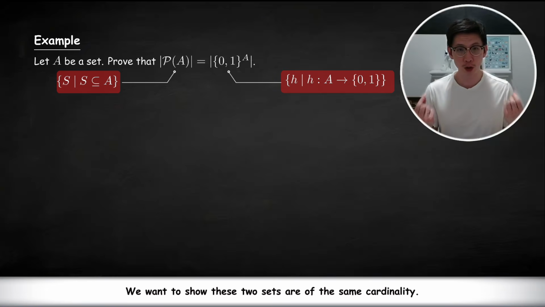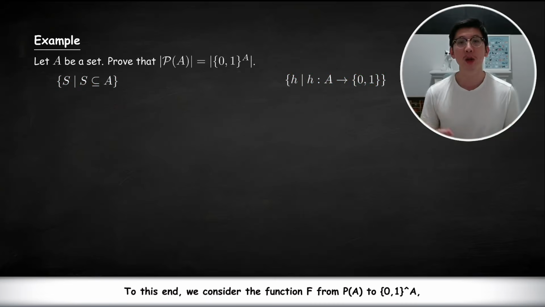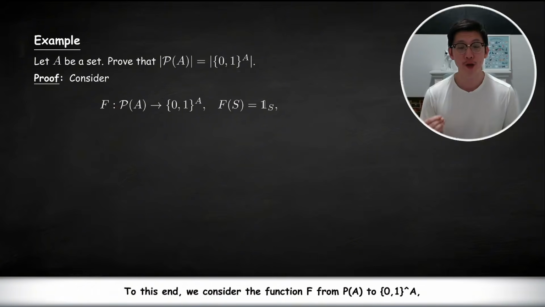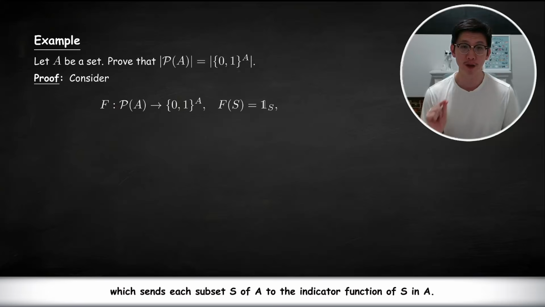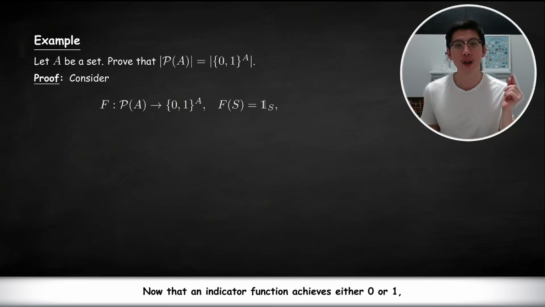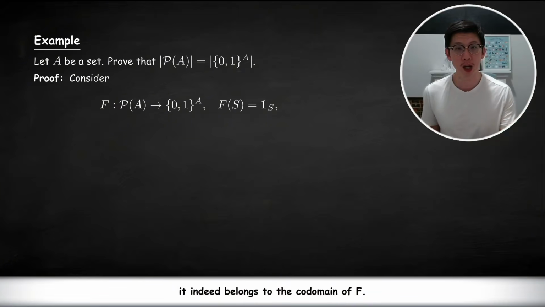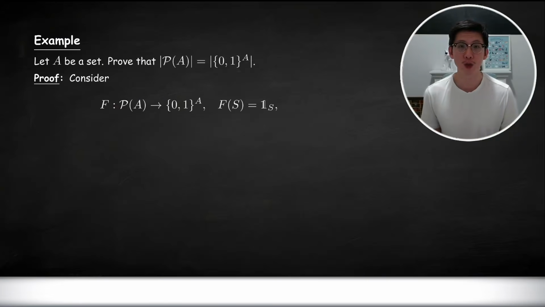We want to show these two sets are of the same cardinality. To this end, we consider the function f from P(A) to {0,1}^A, which sends each subset S of A to the indicator function of S in A. Now that an indicator function achieves either 0 or 1, it indeed belongs to the codomain of f. In other words, our function f is well defined.